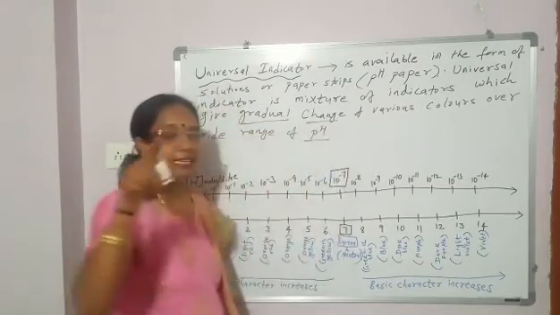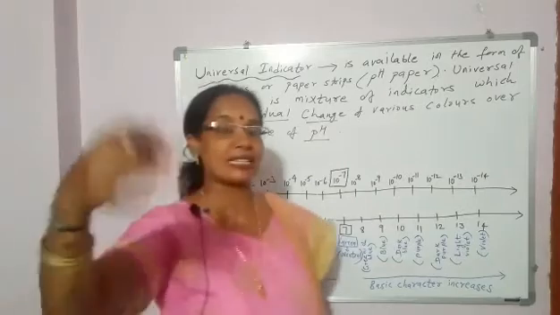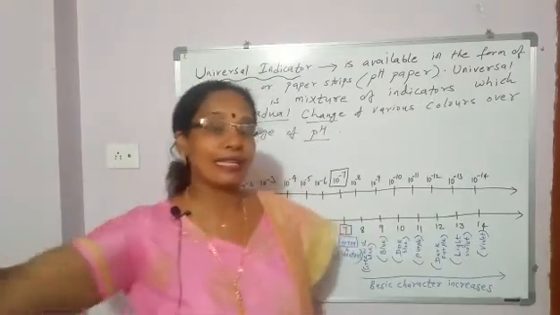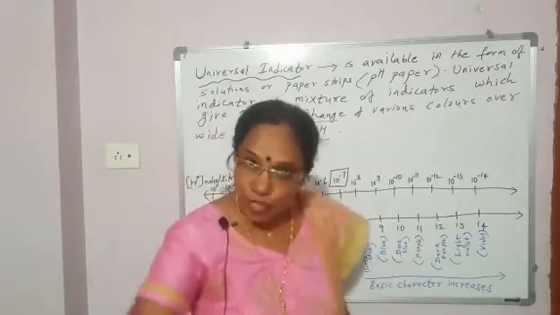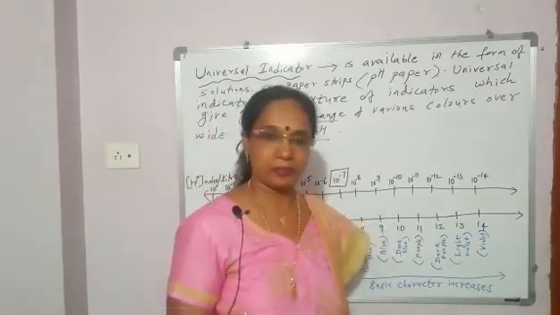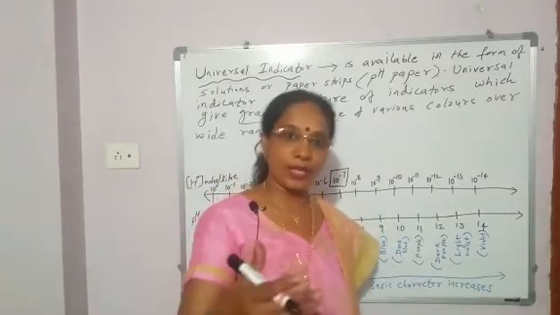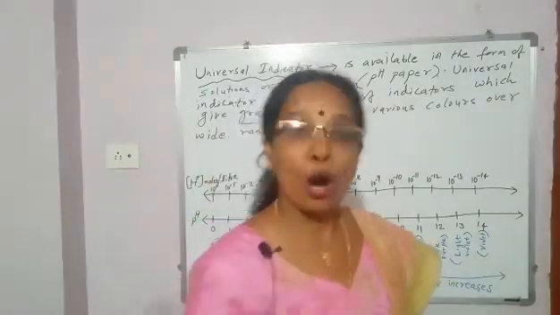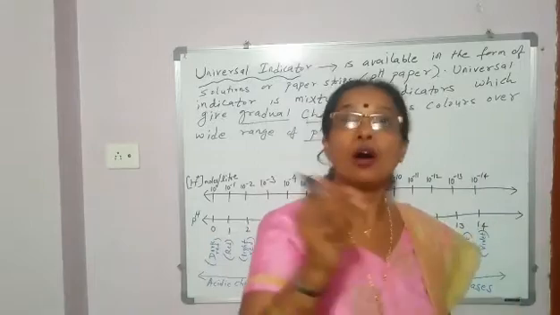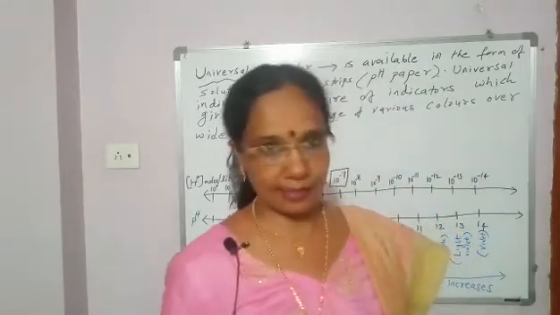See the term gradual. pH means hydrogen ion concentration. As the hydrogen ion concentration goes on increasing or decreasing, this pH paper shows gradual change in color. So this way you can identify whether the given solution is strongly acidic, weakly acidic or moderately acidic.